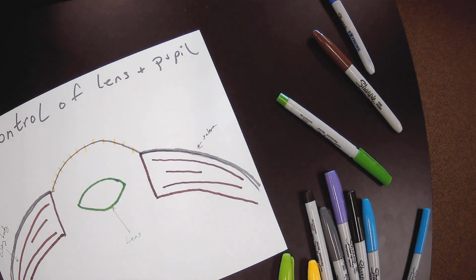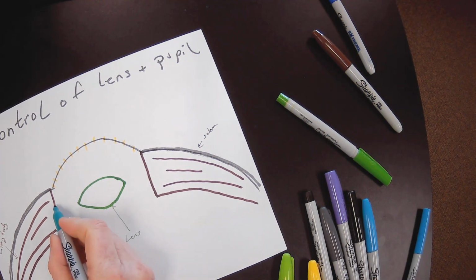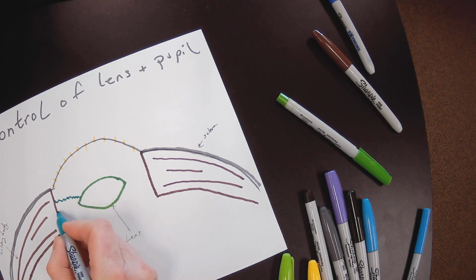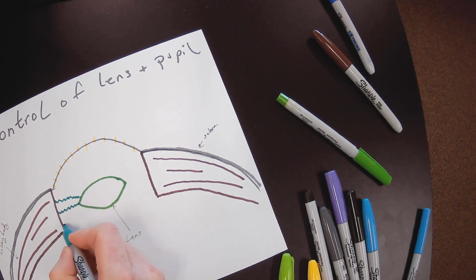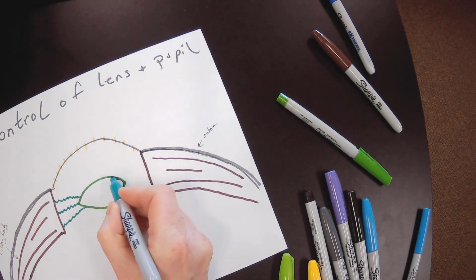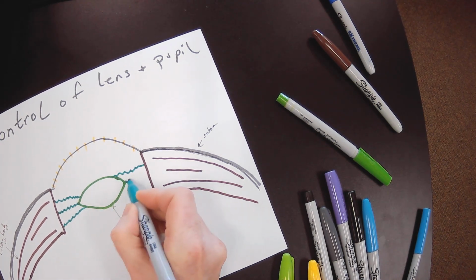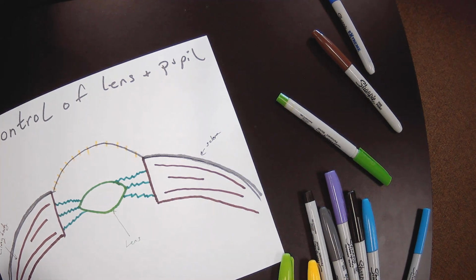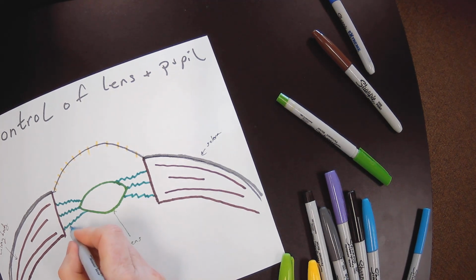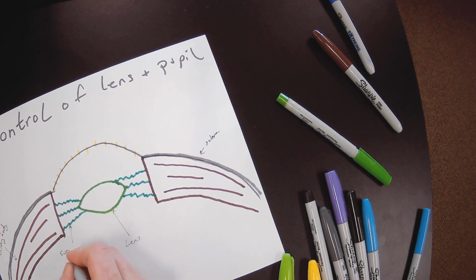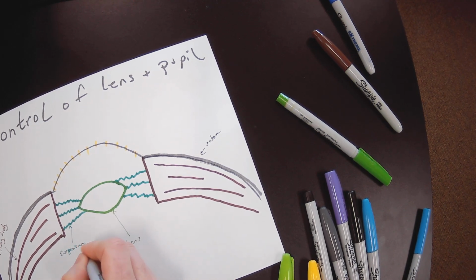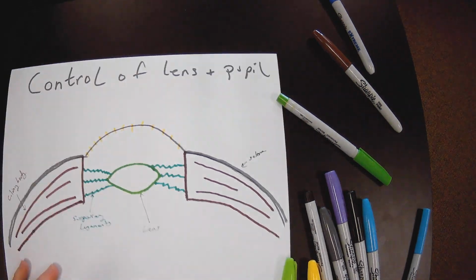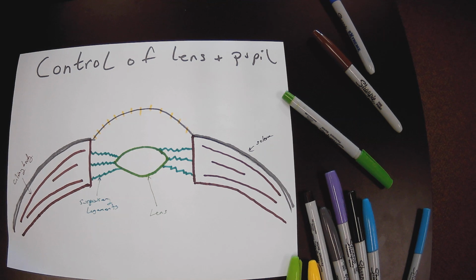And the lens was attached to the ciliary body via suspensory ligaments. There's your suspensory ligaments.